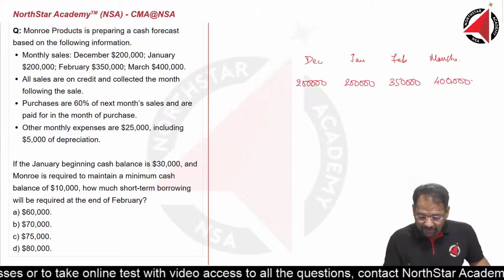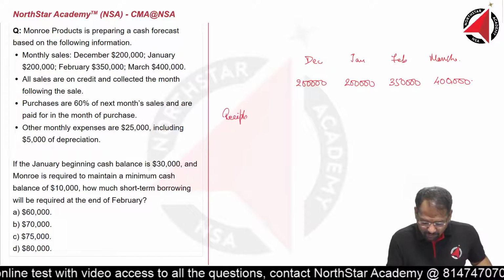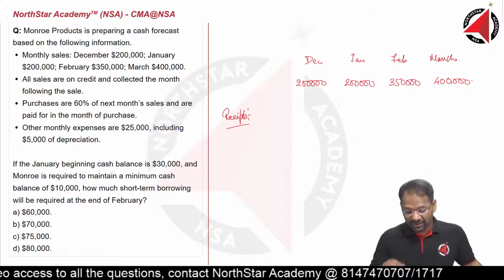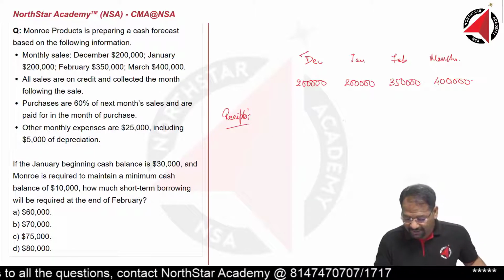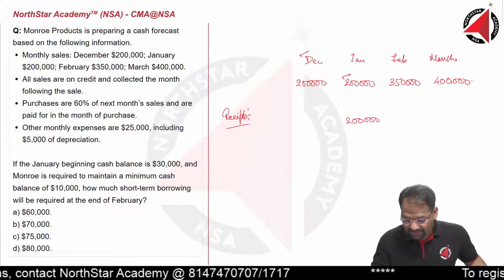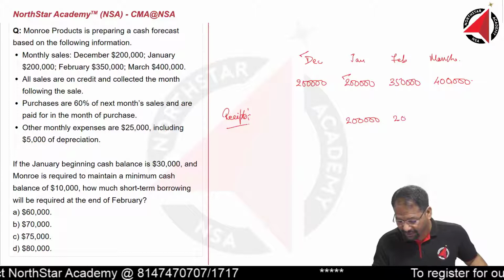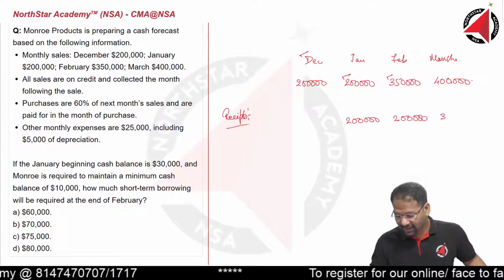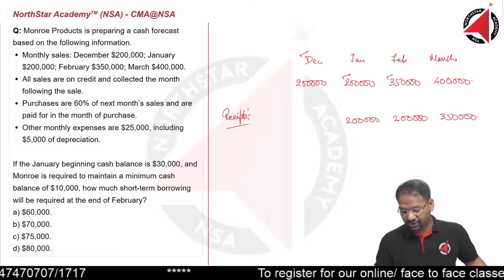And it says, what is the collection or receipts? Receipts is immediately next month following the month of sales. So December month shall be collected in the month of January, 200,000. January month shall be collected in the month of February. So another 200,000. And this February sales shall be collected in the month of March.